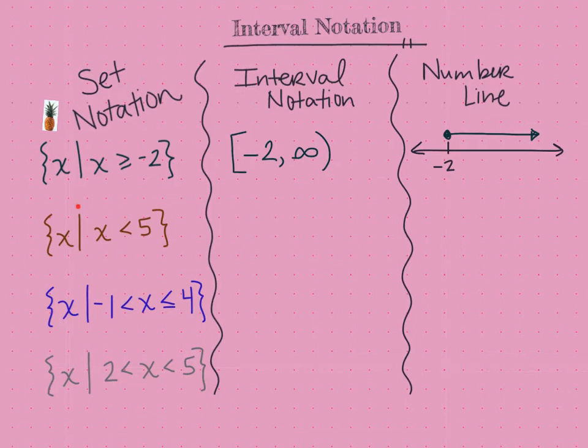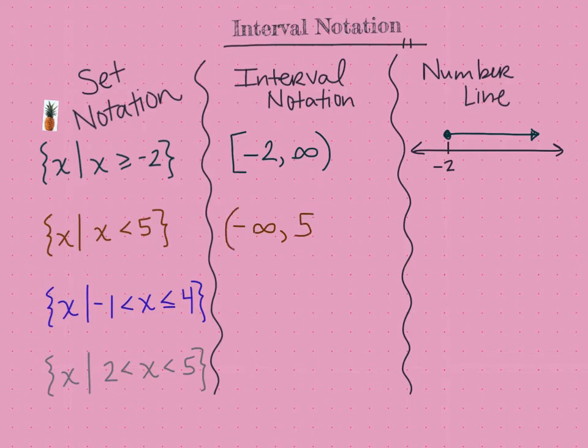In this next example, this is a set that includes every single number less than 5. Numbers like 4.9 repeating, 4, 0, -3.7, -4 trillion and 1. Every single number that's less than 5. To write that as an interval, we can go all the way to -infinity, and we cap at 5 since it's less than 5.